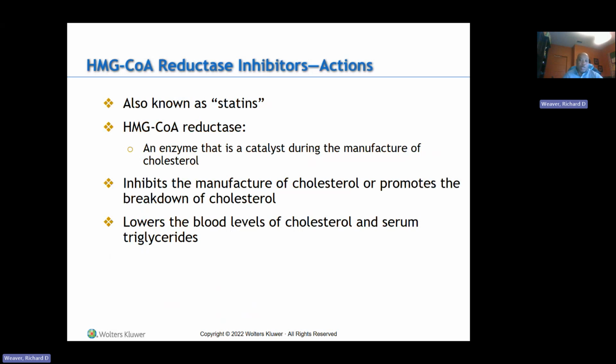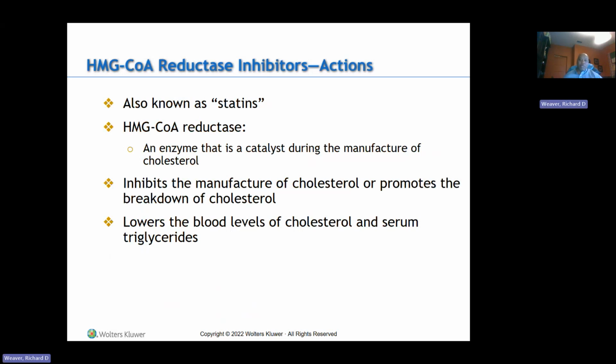So these drugs appear to have one of two activities: inhibiting the manufacture of cholesterol or promoting the breakdown of cholesterol, because we need to either break down the cholesterol, or we want to inhibit its manufacture. Now, either drug activity will lower the blood levels of cholesterol, the LDLs, as well as the serum triglycerides.